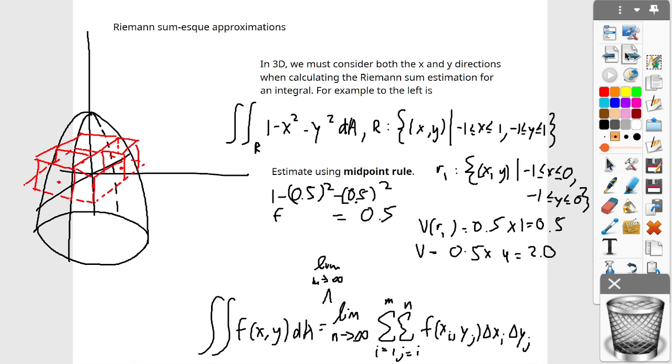So it's 4/3. 4/3 is pretty close to 2, right? Not quite.